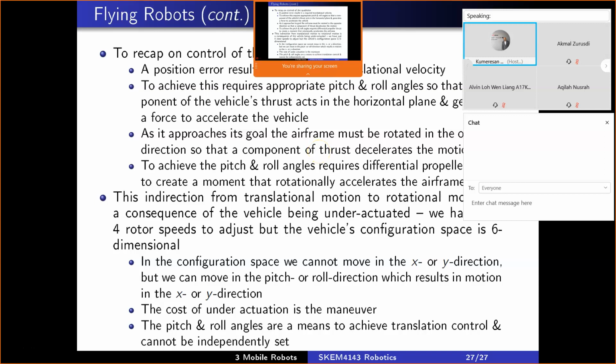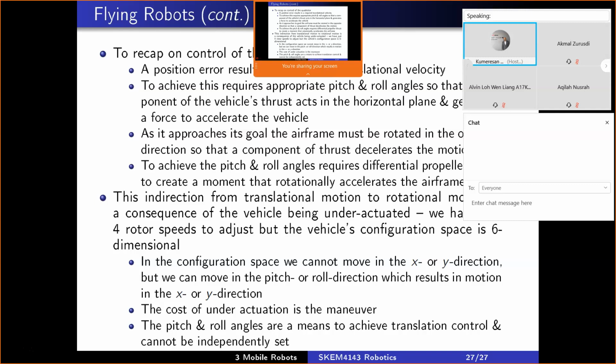And the reason why this is needed is because the configuration space of our quad rotor is 6-dimensional. You can imagine your quad rotor as an object. You can place it in any position, X, Y, Z, and you can rotate it about any axis, X, Y, or Z. So 6-dimensional configuration space. However, we only have 4 actuators, which are given by the rotors or the propellers.